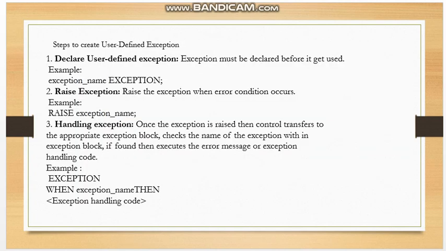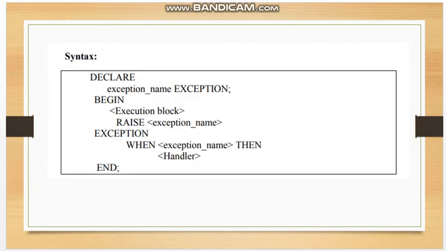Whenever we are writing a user-defined exception, these are the steps. This is the syntax which we have already seen. Here we write DECLARE and then declare an exception variable. Then we BEGIN the execution section and write the code for the execution block.